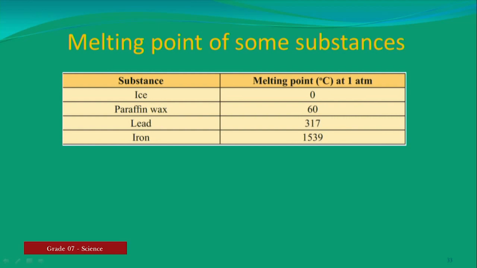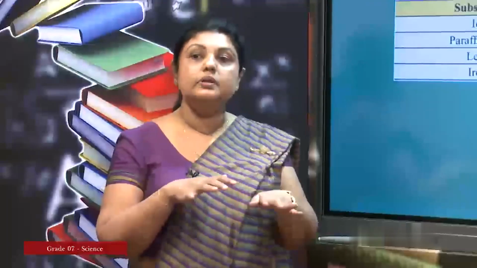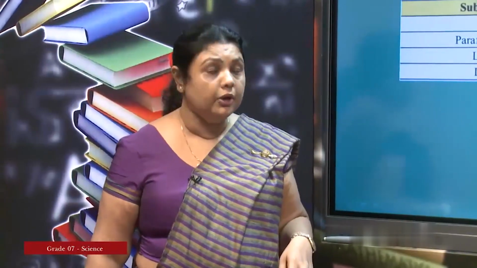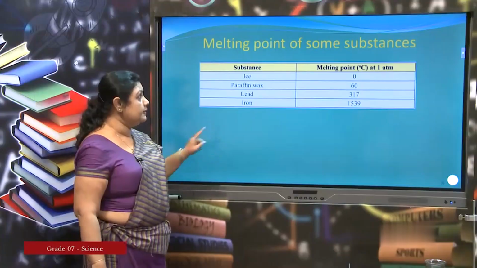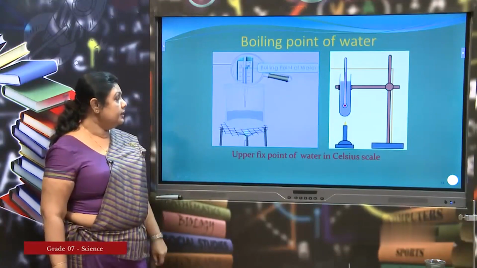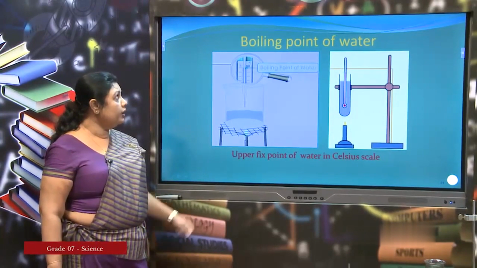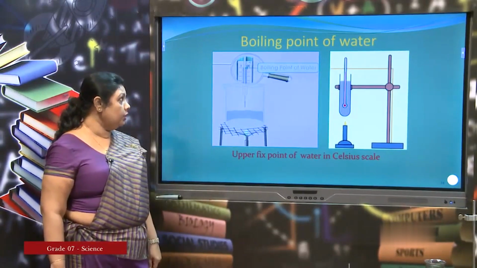So, you can understand that to melt it, that much temperature is required. Compare it with the 100 degrees Celsius boiling point of water, and see how much higher that is. Look at this. This is how you can find out the boiling point of water.